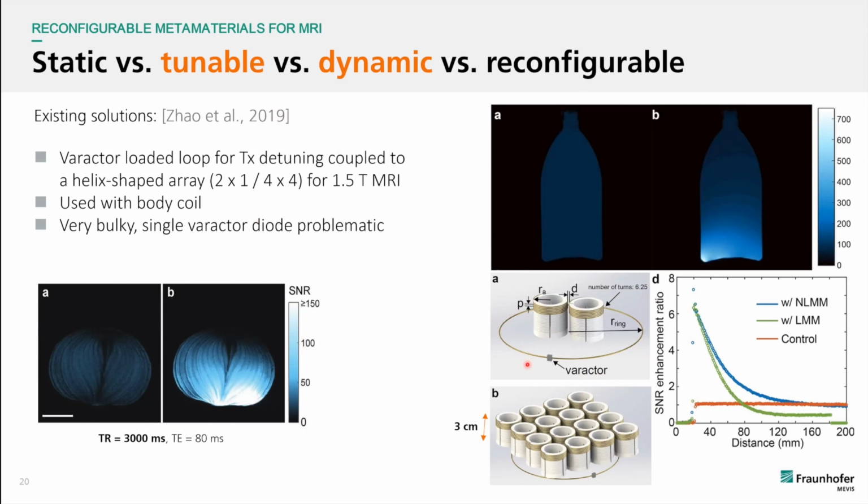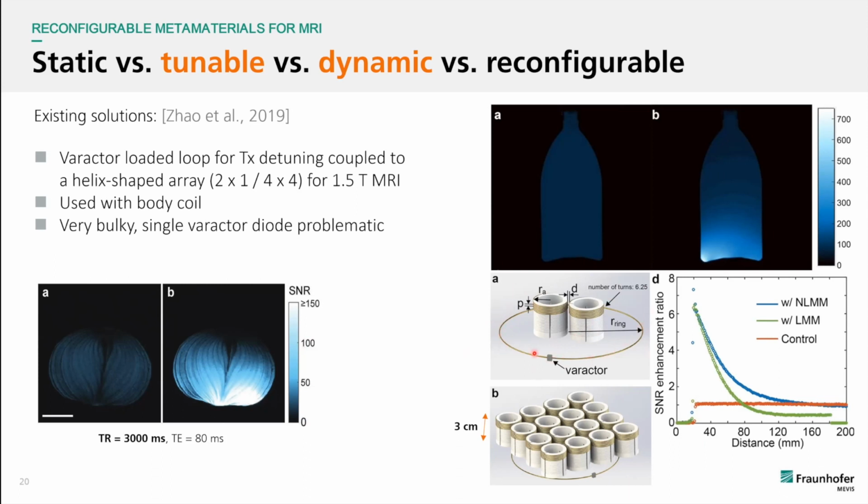loop here, which has a varactor diode in here. And this varactor diode will just be conductive for high amplitudes. Otherwise, it would just block the current in here. So essentially, you can use 2 varactor diodes in opposite directions, and they will only actually allow a current in this loop if you have a certain amplitude.